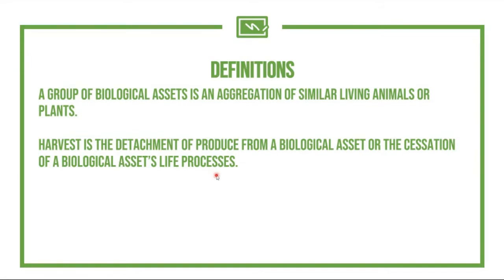Okay? Next, harvest pertains to the detachment of produce from a biological asset or cessation of a biological asset's life processes. So what do we mean by this? When you say harvest, it will basically result in two things. Number one, it will result in removing the produce, but the biological asset where it was harvested from will continue to be a biological asset.